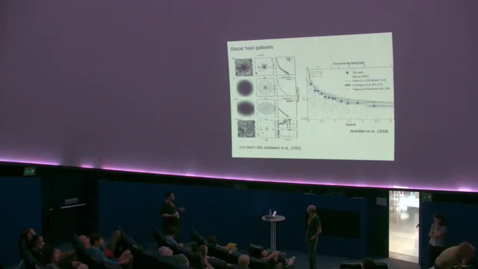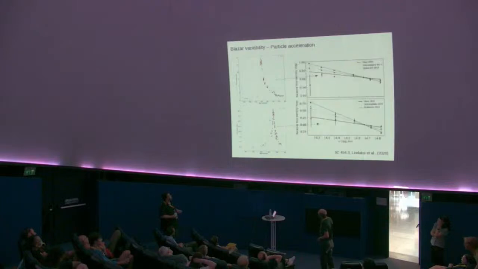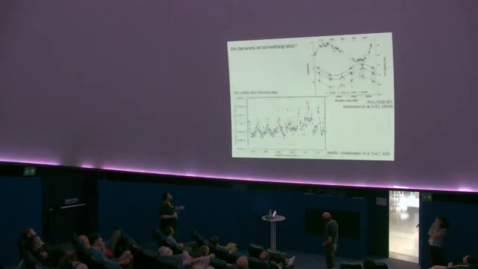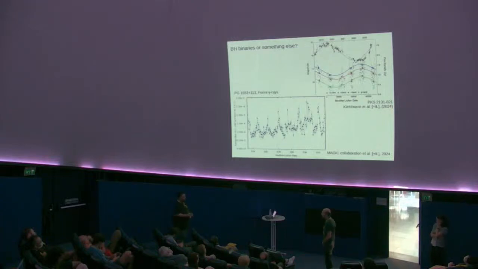So, for example, in this source that I showed here, we see that the jet is moving around quite a bit. For PKS, we don't. So you're trying to maybe exclude scenarios at this point, but in reality, unless you have some other information, just by the light curve, you cannot really say if it's binary or not.